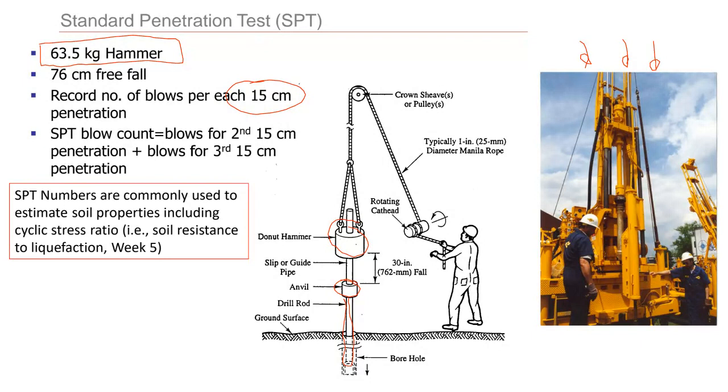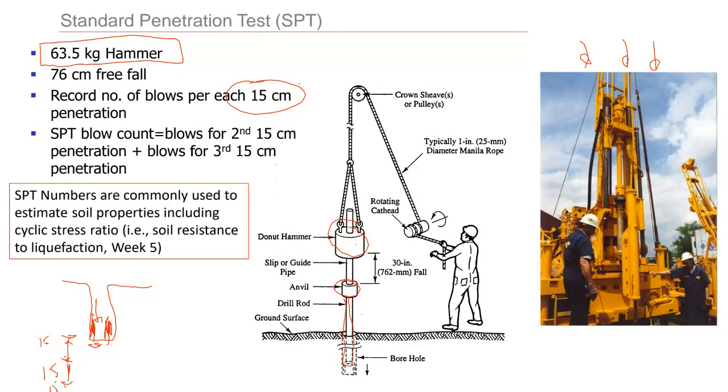And what happens with this test is they first need to drill a borehole, right? And then they put this machine, the SPT test, which is a sampler. It's empty inside, it's porous, and then they do the first test, which goes for 15 centimeters, and then they count the number, then they go another 15 centimeters, and another 15 centimeters.